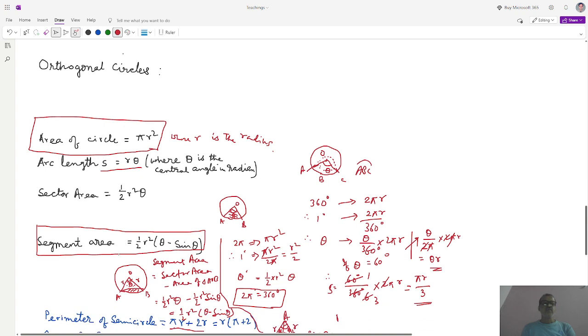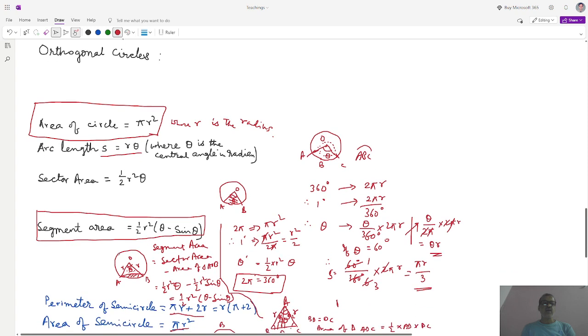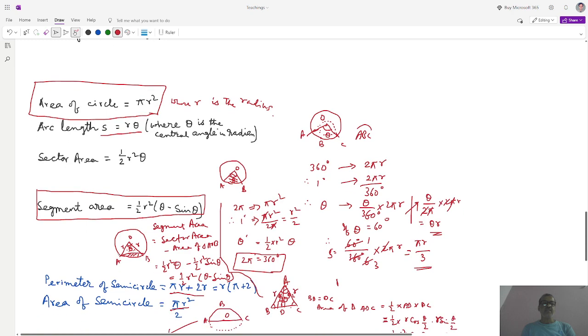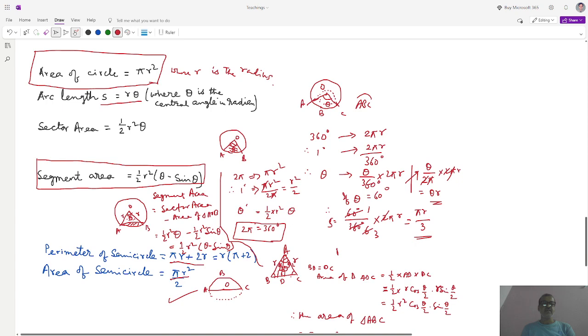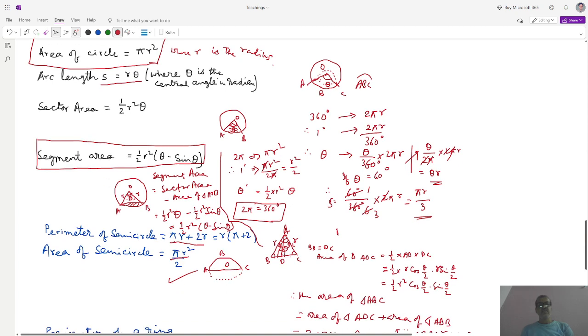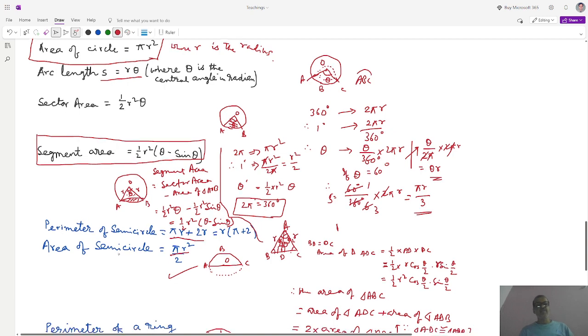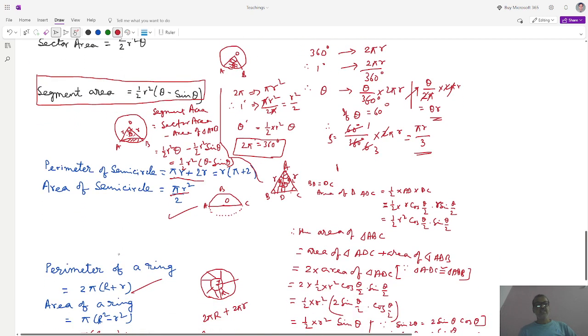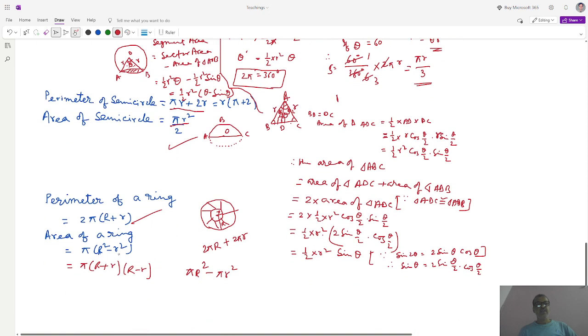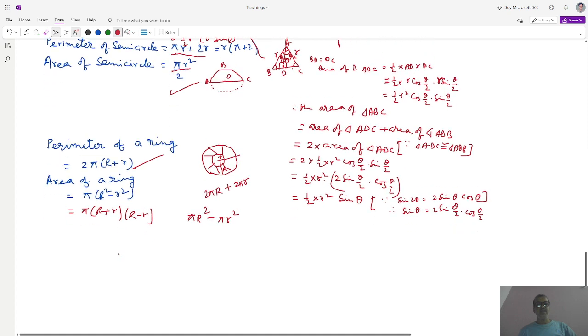We covered sector area equals half r square theta, and segment area equals half r square into theta minus sin theta, as well as we came to know about the perimeter of semicircle, area of semicircle, perimeter of a ring, and lastly area of a ring.